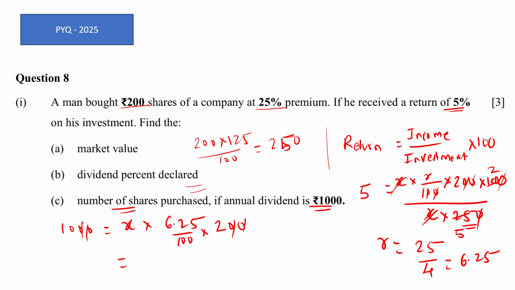So X is what? 1000 divided by 625. Therefore X will come as 80. Number of shares purchased will be 80.